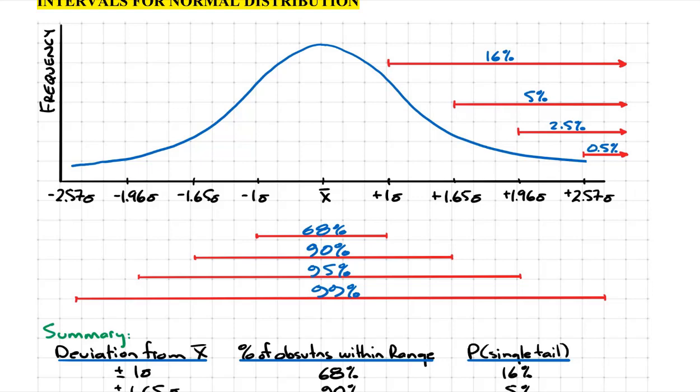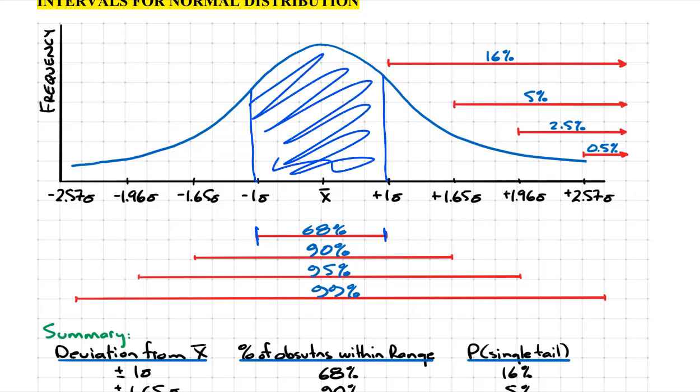So if we were to deviate 1 standard deviation on either side of the mean, that would cover 68% of all possible values. So 68% of all possible values would fall within this range. Now mind you, if we start from the left tail to the right tail, that would represent 100% of all observations.